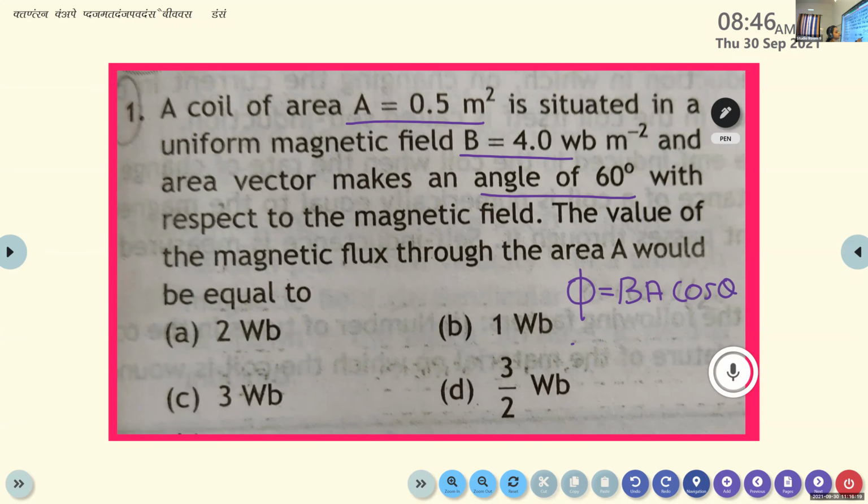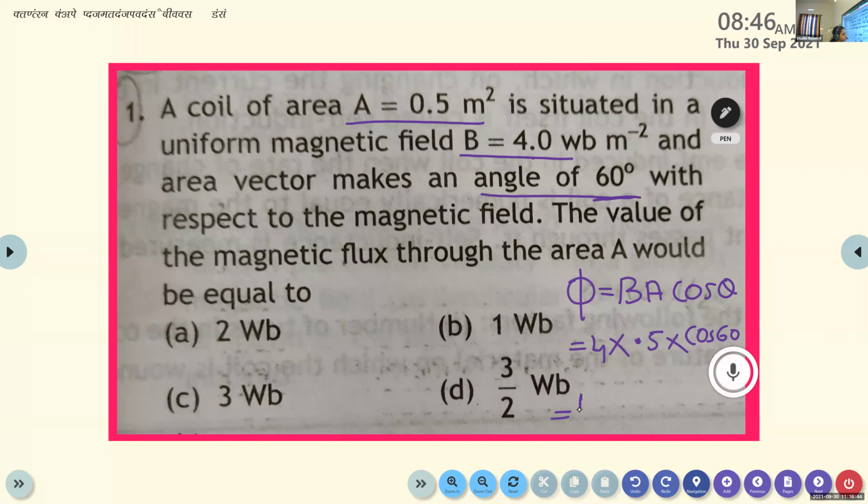So here B is given, B is 4. The area of the coil is given as 0.5 meter square, into the angle between the area and the magnetic field, which is 60 degrees. So cos 60.